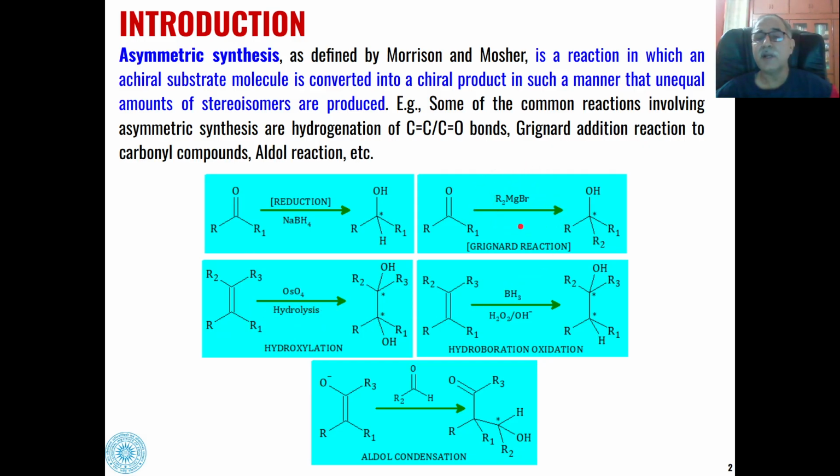Similarly, Grignard reaction can also lead to the synthesis of asymmetric alcohols. Then hydroboration oxidation and aldol condensation. These are some of the very common reactions which can use asymmetric synthesis for production of chiral compounds.